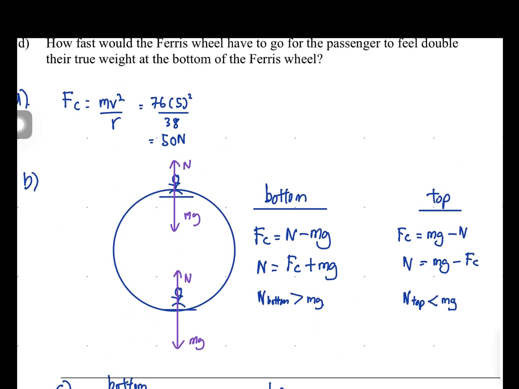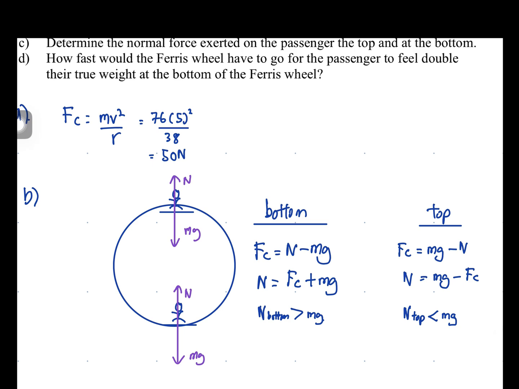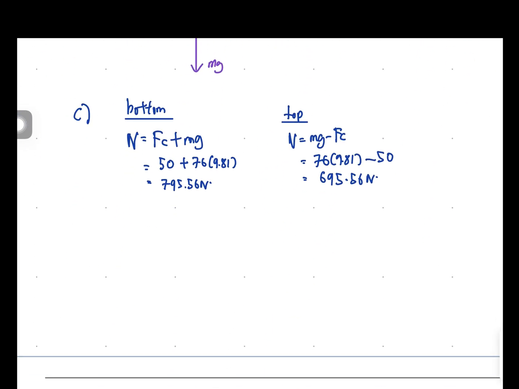Last part, D: how fast would the Ferris wheel have to go for the passenger to feel double? The keyword is to feel double. That means the apparent weight must be double the true weight, at the bottom of the Ferris wheel. So I'm using the equation at the bottom: N equals Fc plus mg.